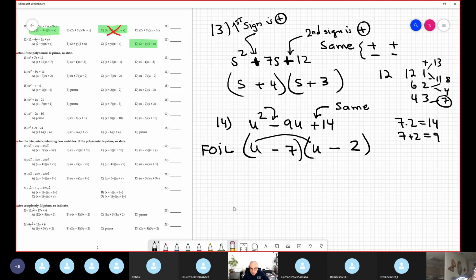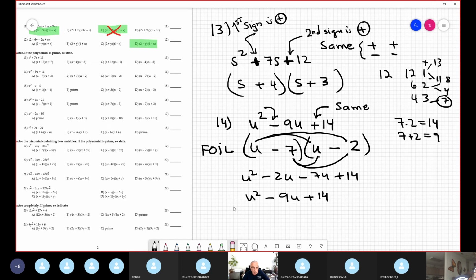U times u is u squared. U times negative 2 is negative 2u. Negative 7 times u is negative 7u. And negative 7 times negative 2 is positive 14, because negative times negative. When you combine like terms, negative 2u and negative 7u together is negative 9u, plus 14, and we come back. So our factorization is fantastic.